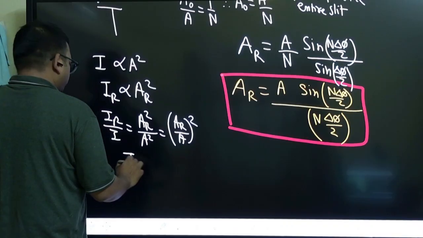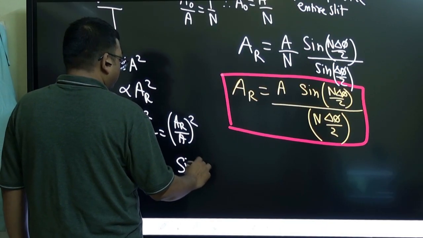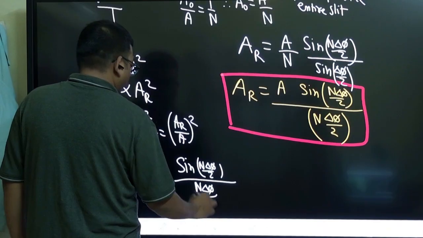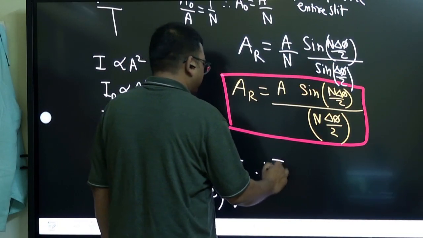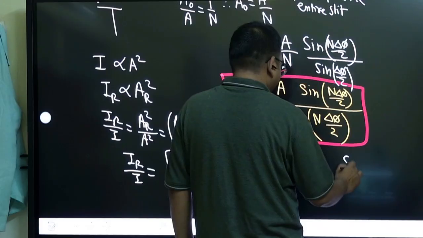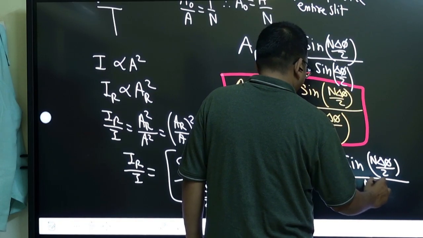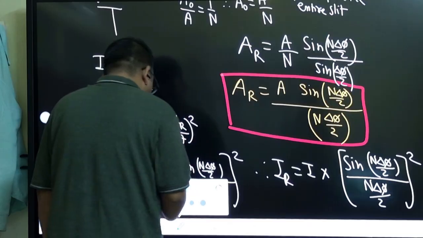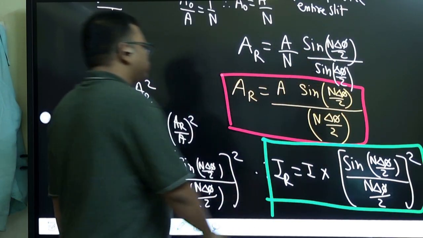IR by I becomes equal to sine of n delta phi by 2 divided by n delta phi by 2, this entire whole square, right? So the final resultant intensity at a point will be the intensity of the entire slit multiplied by this factor, sine of n delta phi by 2 by n delta phi by 2, the whole square. This is the resultant intensity formula due to superposition.